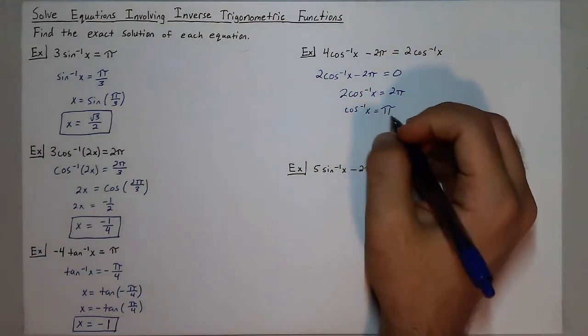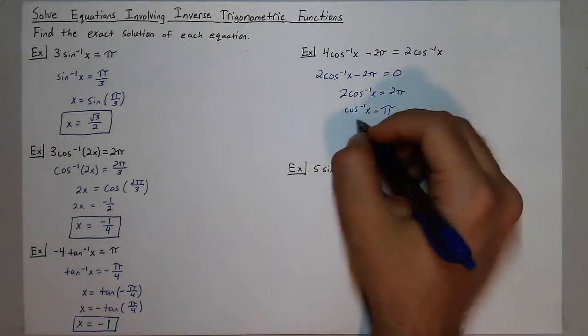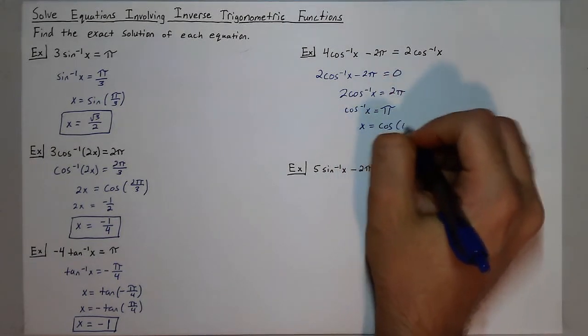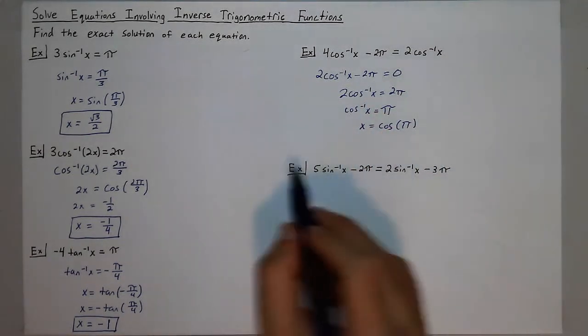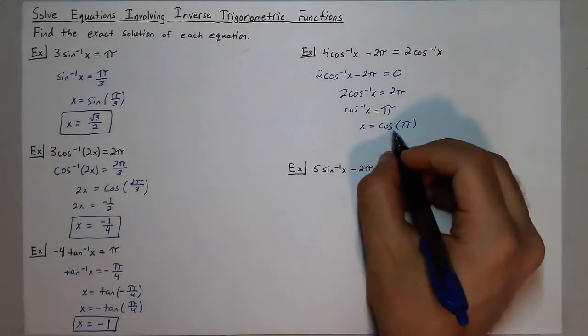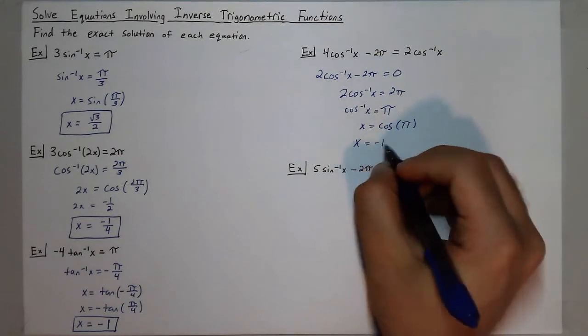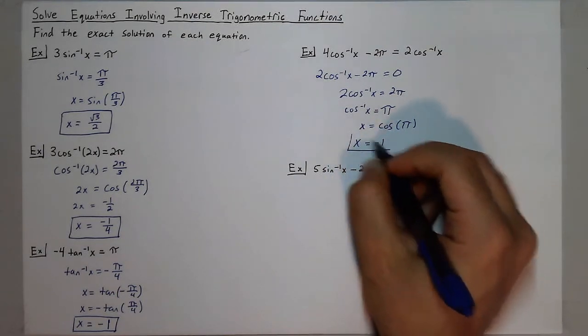Now, when I take the cosine of both sides of my equation, I'll get x equal to cosine of pi, which is the far left point on my unit circle, which means that the x-coordinate on that spot should be negative 1. So x is equal to negative 1.